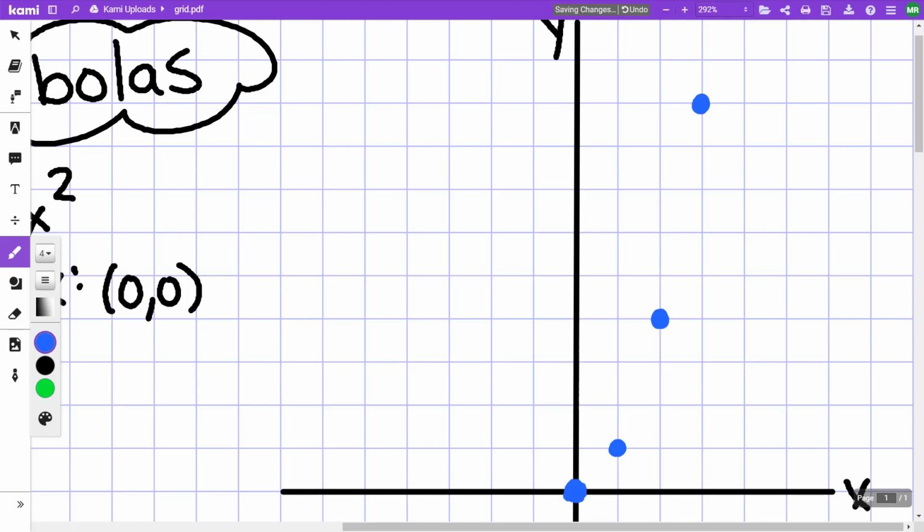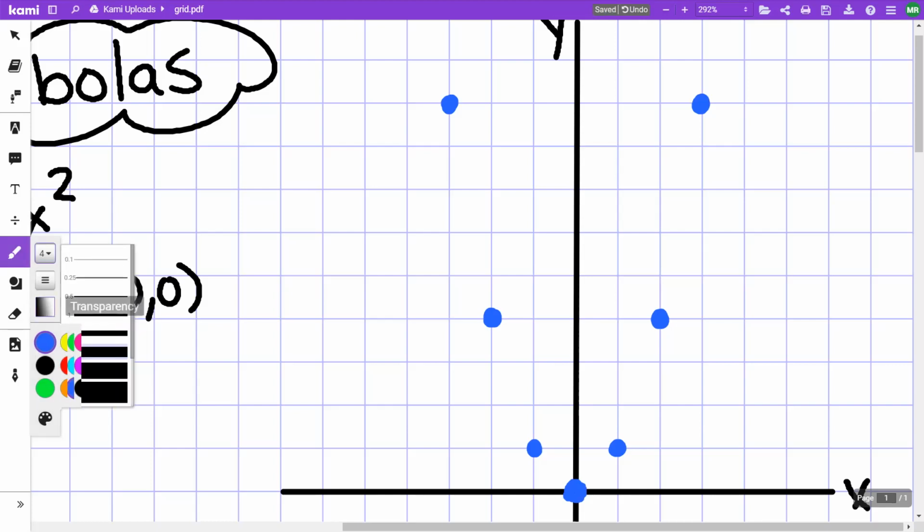Now, when I go to the other side, a -1 squared is also a +1. When I go to -2, a -2 squared is also a +4 like the other side. A -3 squared is also a +9. And then I'm going to connect the points.